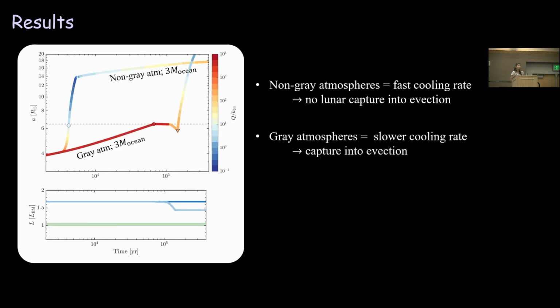For slower cooling rates, and these are enabled with a gray atmosphere, which you would argue is the less realistic case, and I would agree with you, we get captured into evection, but eventually the Earth is going to cool down. The Q over K2 is going to be too low, and we're going to skip out of quasi-resonance. So even if angular momentum is somewhat removed, it's very limited.